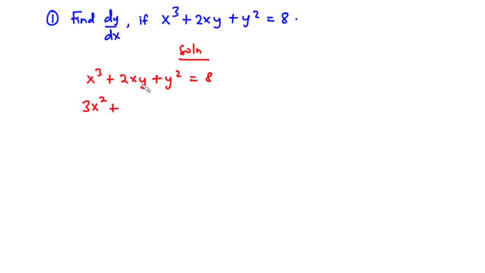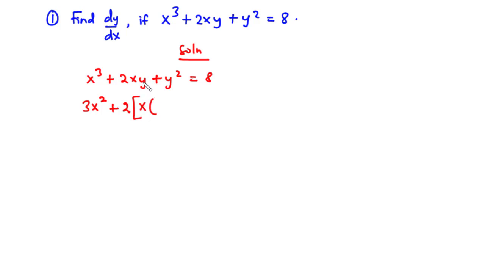Now this is 2xy, so we factor out 2, and then we solve xy using the product rule. According to the product rule, we maintain one value and differentiate the other, plus we maintain the other value and differentiate the first. So we maintain x and differentiate the y term.